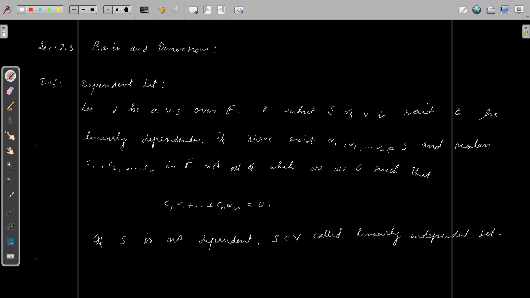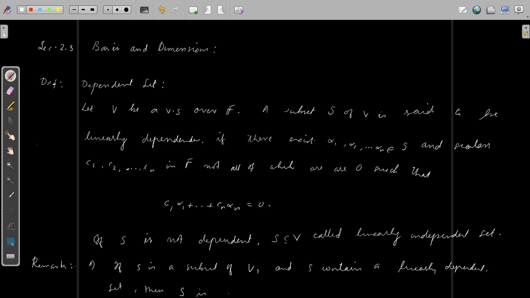Now we can see some remarks on these linearly independent sets. The first one is any set which contains a linearly dependent set is linearly dependent. That is, if S is a subset of V and S contains a linearly dependent set, then S is linearly dependent.